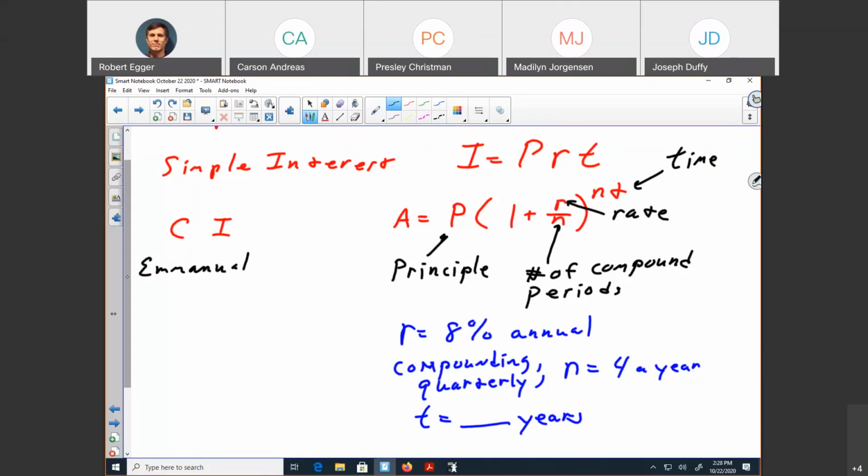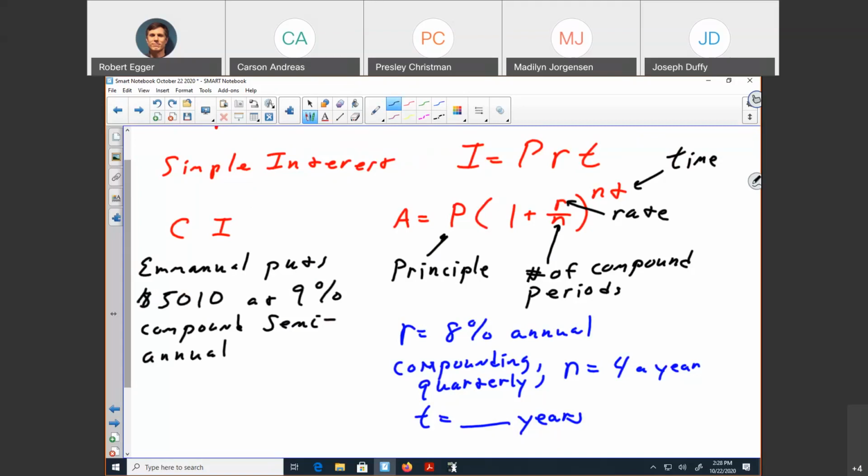And Emmanuel puts 5,010 dollars at 9% compounded semi-annually for 12 years. How much would he have? How much would it have grown to?